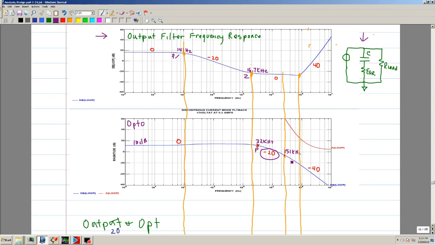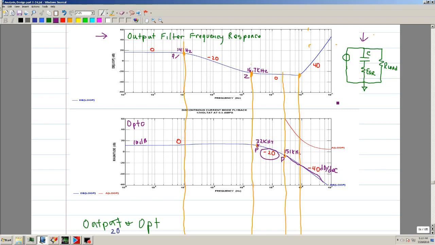And then if you notice, this slope is different from this slope. Okay, so that means there's a second pole here. So now from here to here, it's got a negative 40 dB per decade.